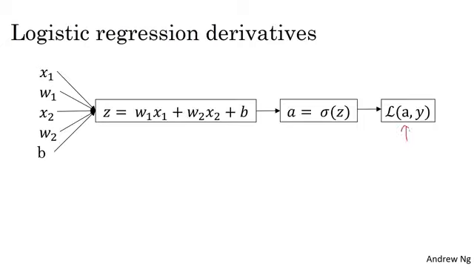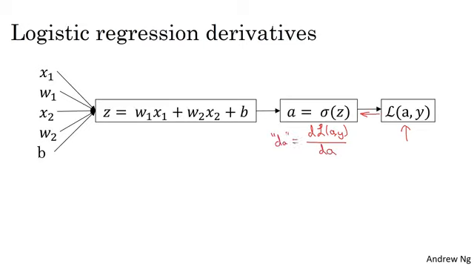Because what we want to do is compute derivatives with respect to this loss, the first thing we want to do, going backwards, is to compute the derivative of this loss with respect to this variable a. And in the code, you just use da to denote this variable.